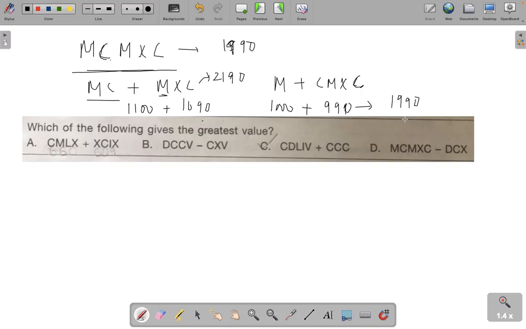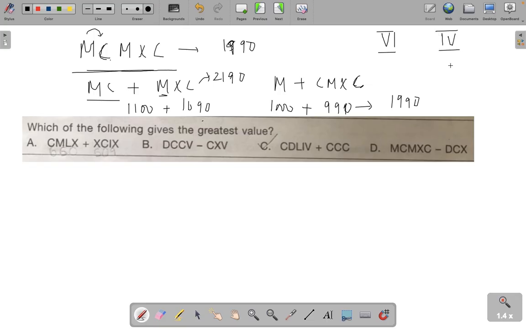Sir, I did MCM. First, I did M minus C. M is 1000 minus C, 900. But if anything is to the right, you don't subtract, you add it. You don't subtract anything to the right. If you have to write 4, will you write it as VI or IV?